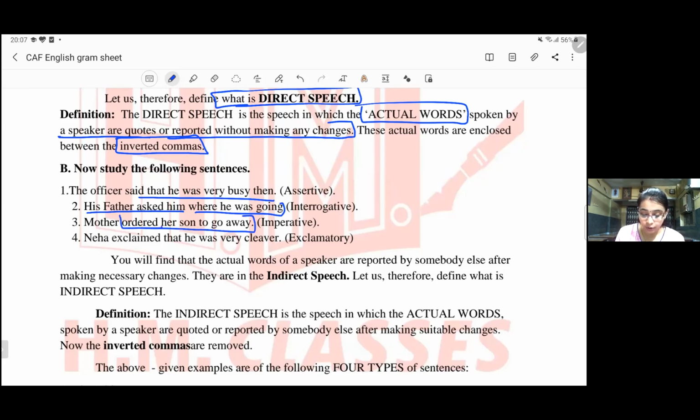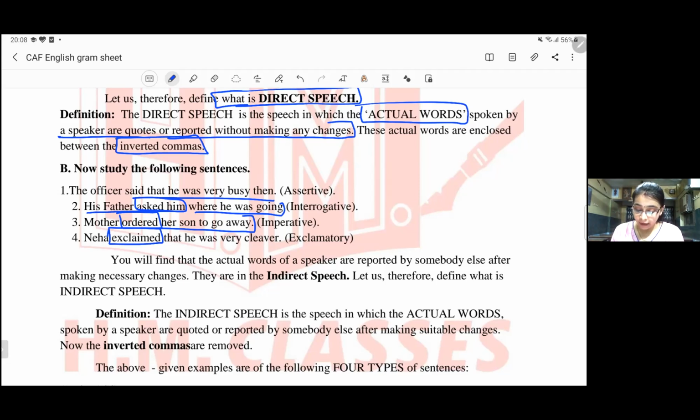Now see this: ordered, asked him. The officer said that he was very busy. Neha exclaimed that he was very clever. The third person is giving the message. Right? That is called indirect speech.